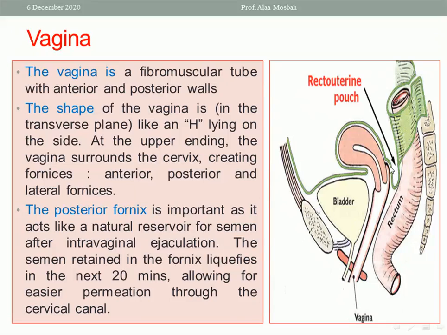Liquefaction makes it easy for the sperm to permeate, penetrate the cervical mucus, and pass through the cervical canal to the uterine cavity. So this is one of the important roles of the posterior fornix during intercourse.